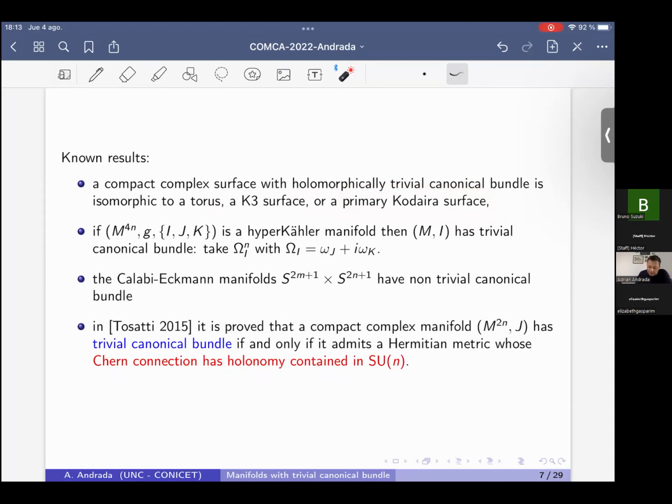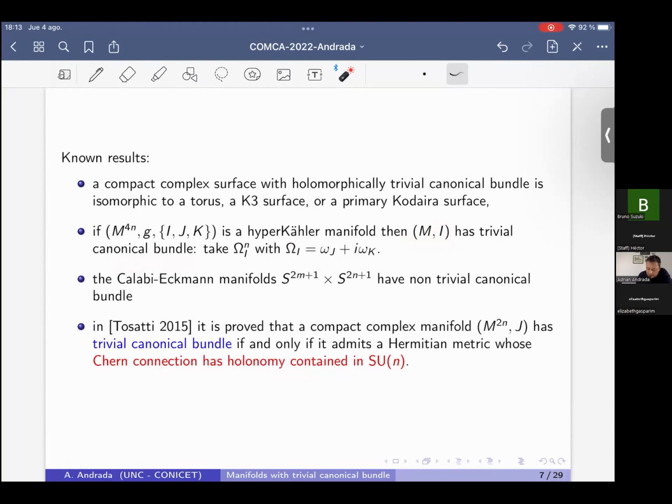What else? If we take, for instance, a hyperkähler manifold, which is a generalization of the K3 surfaces, we have a Riemannian metric together with three compatible complex structures which anti-commute. There is an action of the quaternions on the tangent bundle of M. Then if we fix one complex structure, let's say I, M together with I has trivial canonical bundle.